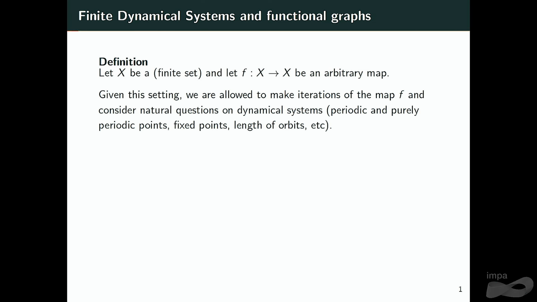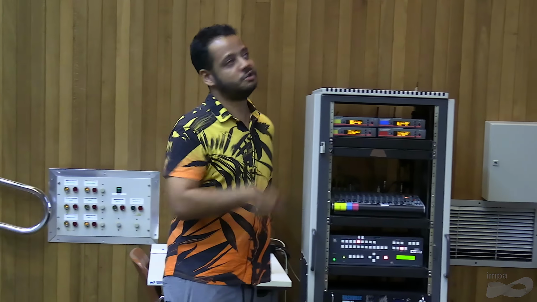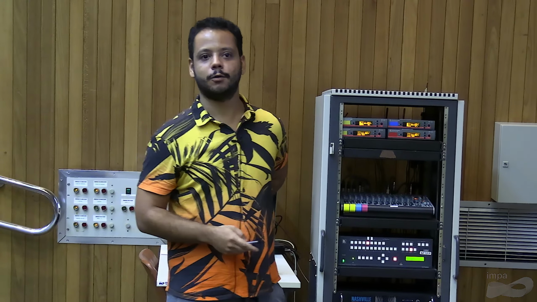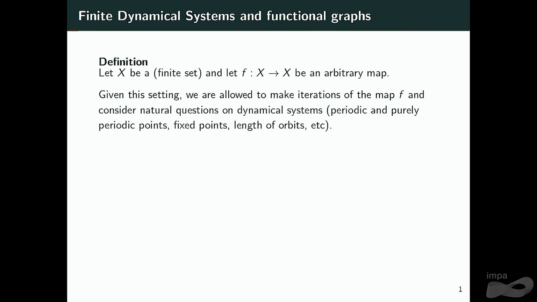Since the map is from X to itself, we can make iterations, right? And discuss classical questions in dynamical systems, right? So we can ask about the behavior of orbits and purely periodic points, etc.